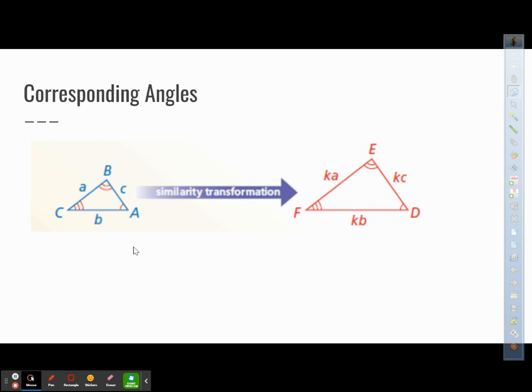A has one mark, D has one mark. Also, angle B is marked congruent to angle E. And angle C is marked congruent to angle F.